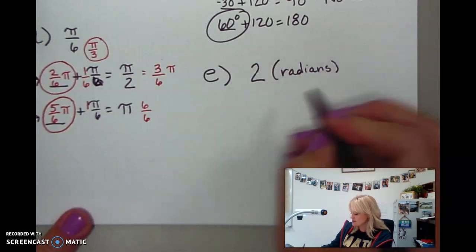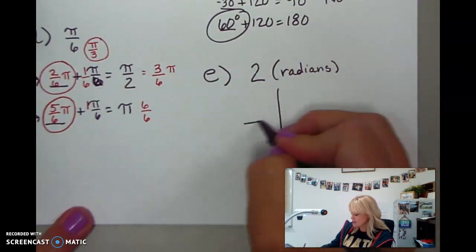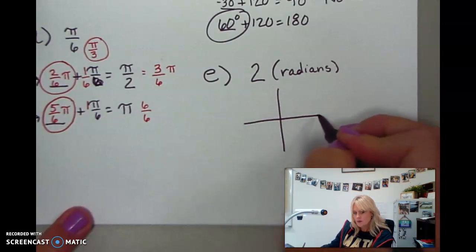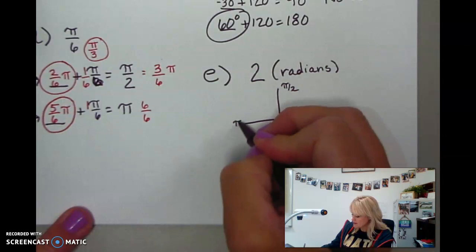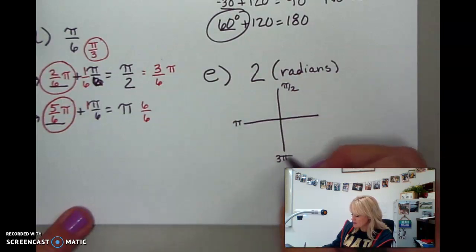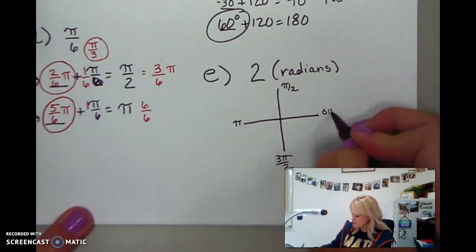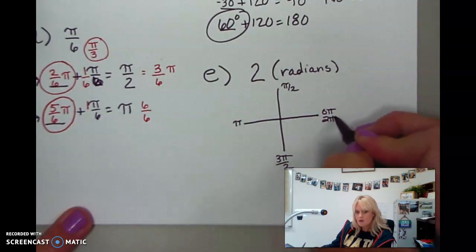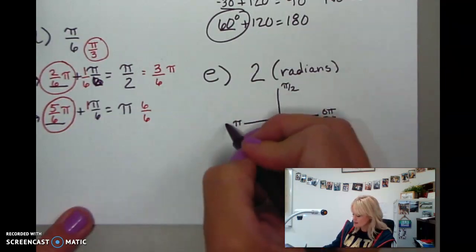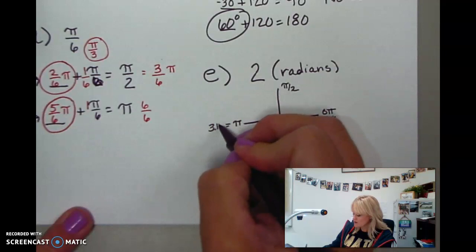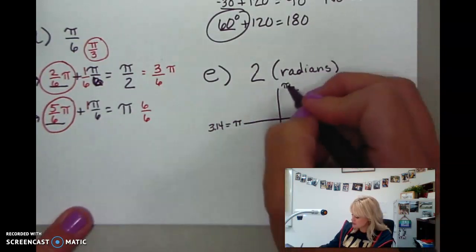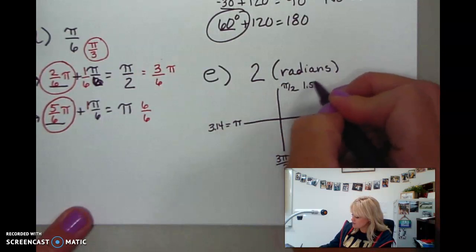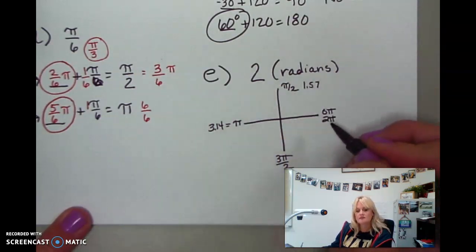Now, if you think back to yesterday's assignment, radians is pi over 2, pi, 3 pi over 2, and back to 0 or 2 pi. We also talked about pi is the same as 3.14. So that is radians. We talked about half a pi as 1.57 in radians.